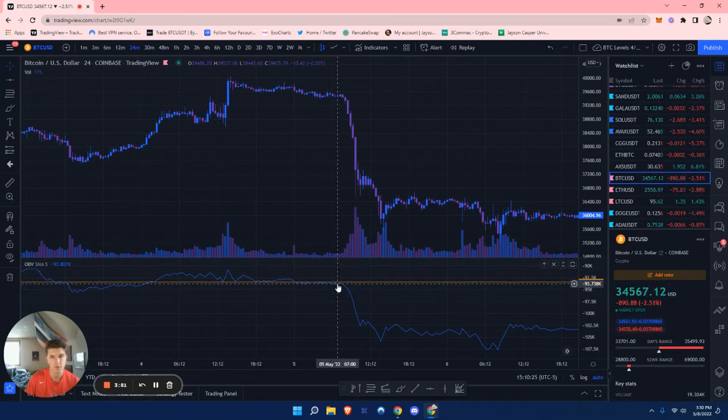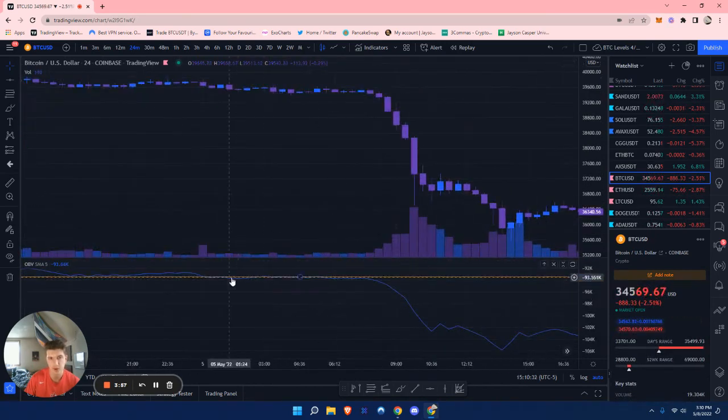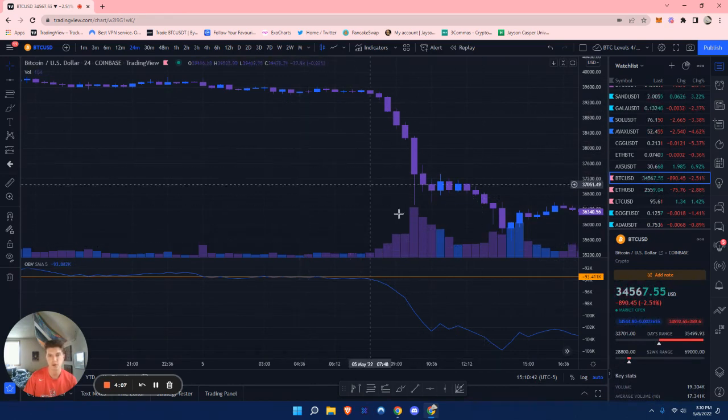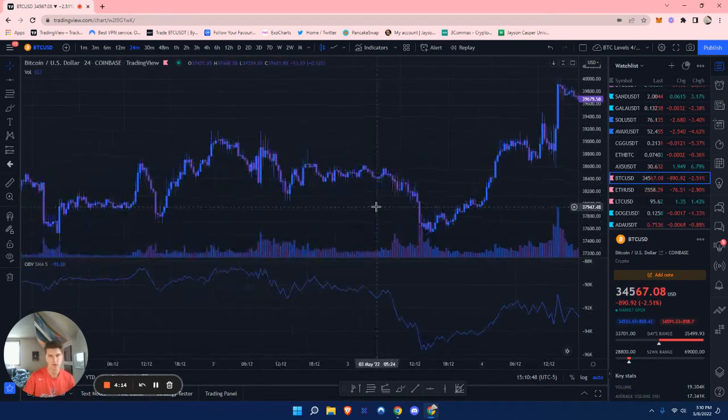On balance volume decides to break down below it. Can't really see it too well, but it breaks down below this line. Right about here we started breaking down, and then shortly after, price continued to drop down with the on balance volume.